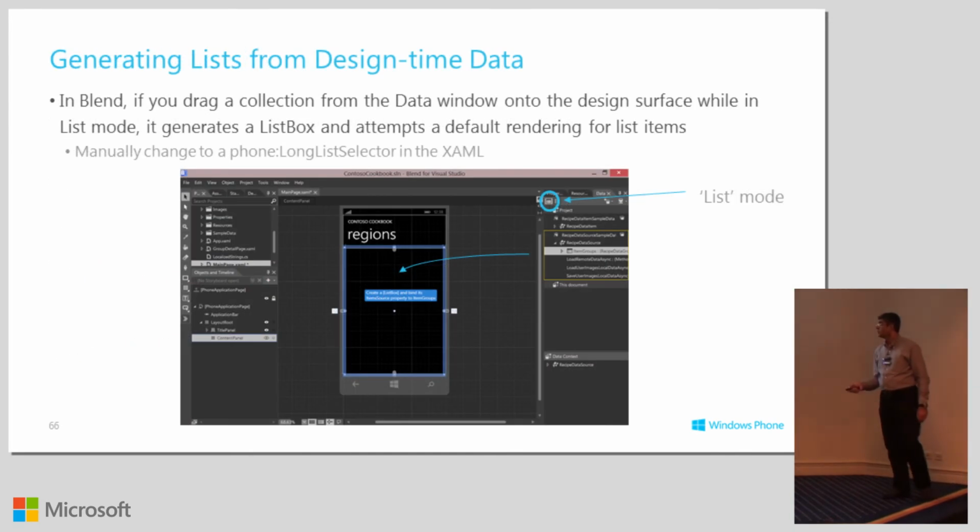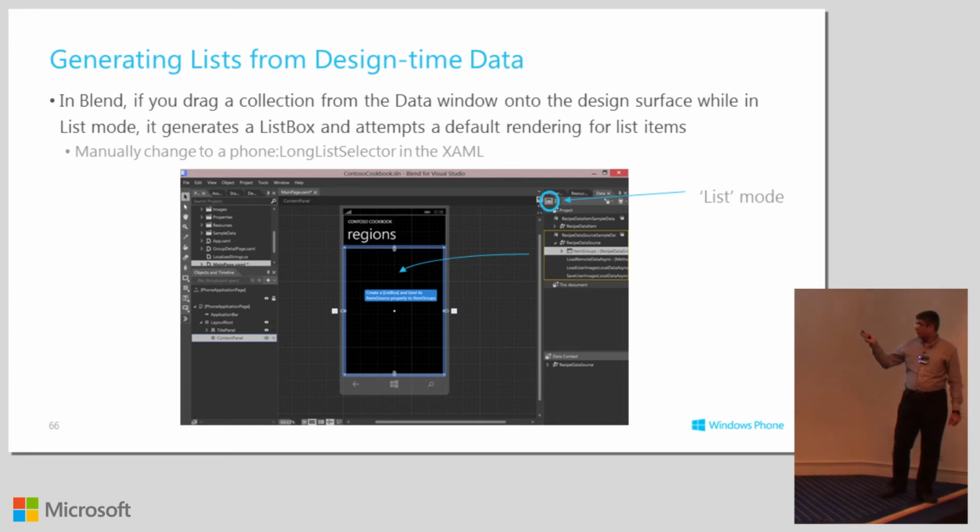So what you can do is, you can go to Blend and you can drag and drop that item into the page. And what the Blend UI will do is it will create the right UI for you. So if it's, for example, a control with items in it, it's going to create a list box.